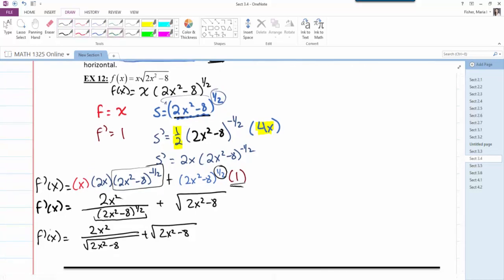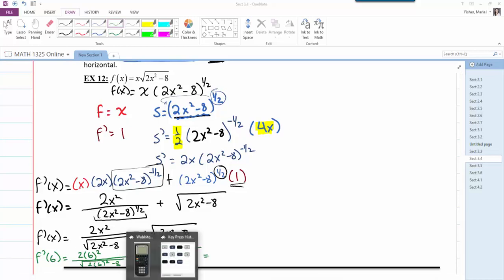So if I'm trying to find f prime of 6, which is going to be my slope, I would write 2 times 6 squared over the square root of 2 times 6 squared minus 8 plus the square root of 2 times 6 squared minus 8. And we're going to grab a calculator and do that.